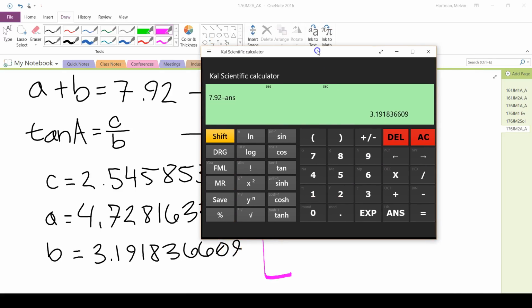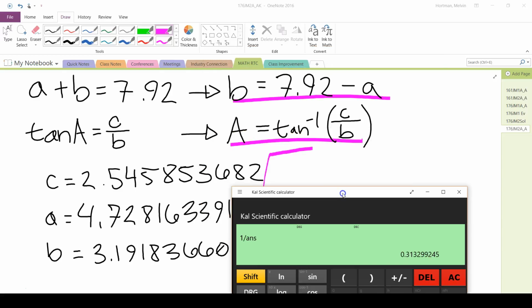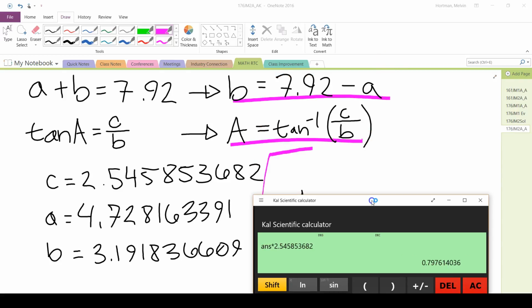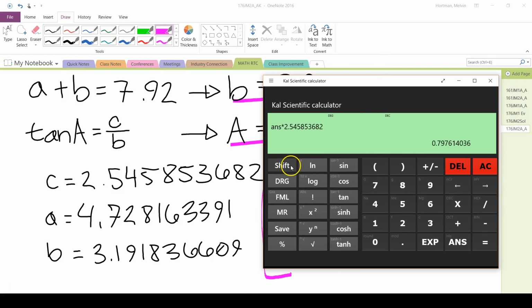I can do 1 divided by B. That gives me the inverse, and then just multiply it by C. That's the same thing as C divided by B. So 2.545853682. And then the inverse tangent of that.